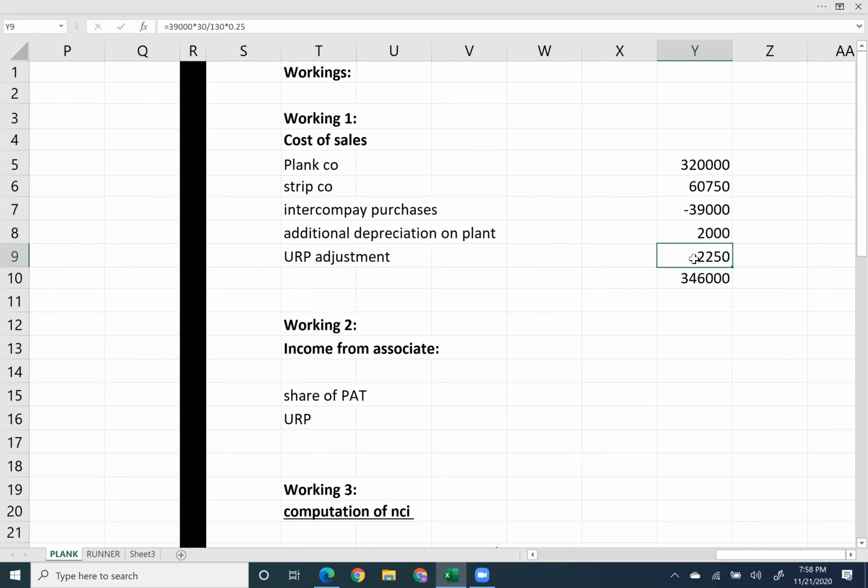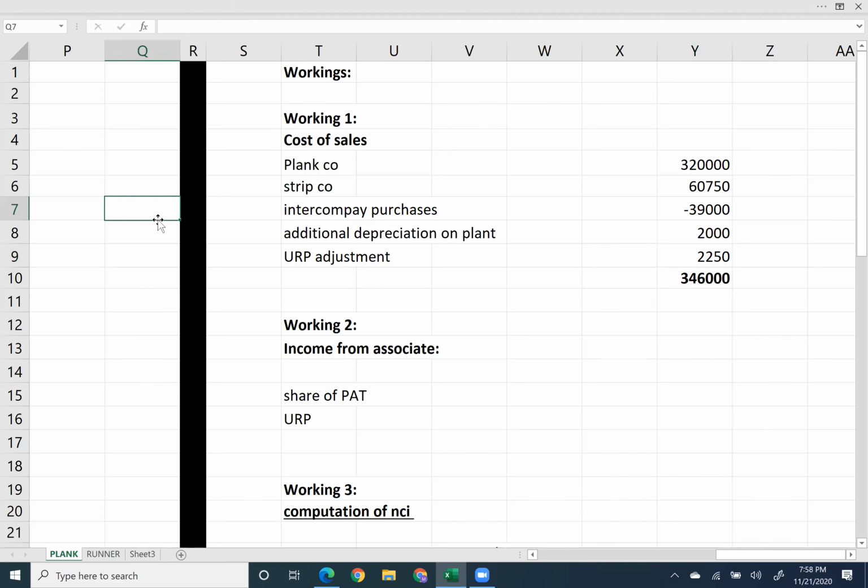For URP, first calculate the total profit and then multiply it by 1 upon 4, the unsold amount. Now, this 346,000 is your cost of sales.